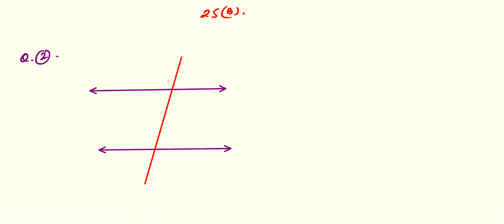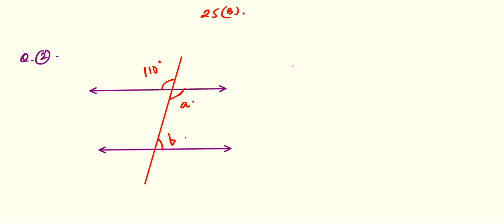So this is given 110 degree, this one is A and this one is B. So you know very well that this A and B both are interior and both are on the same side. That means A and B both are co-interior angles, and sum of co-interior angles equals to 180 degree.